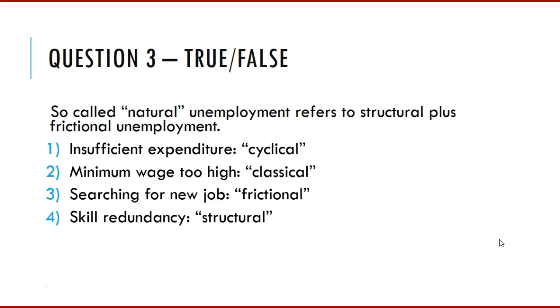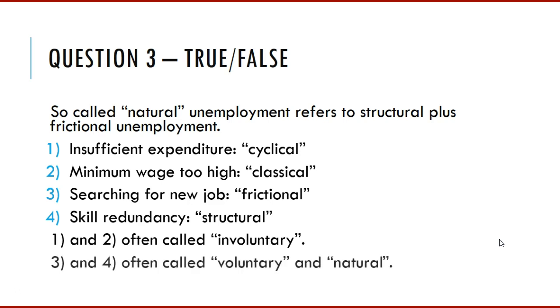They're unemployed because of the changing structure of the economy. 1 and 2 are often called involuntary unemployment, whereas 3 and 4 are often called voluntary and natural unemployment. So this statement is true.